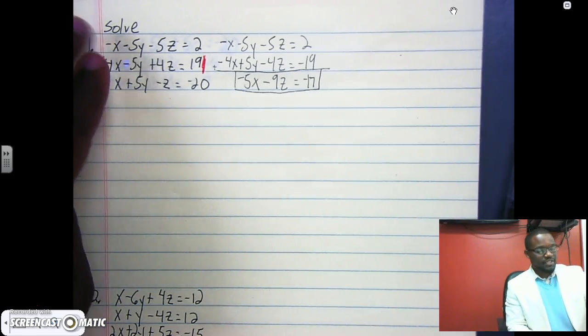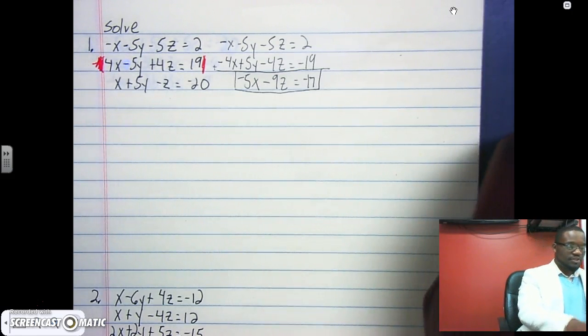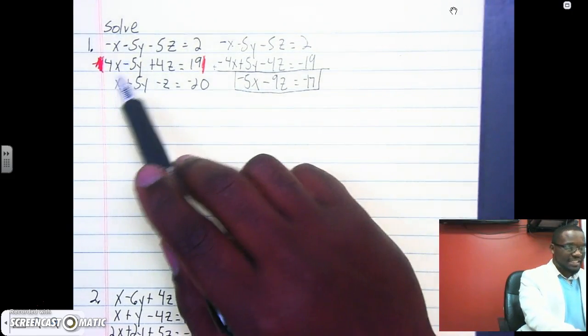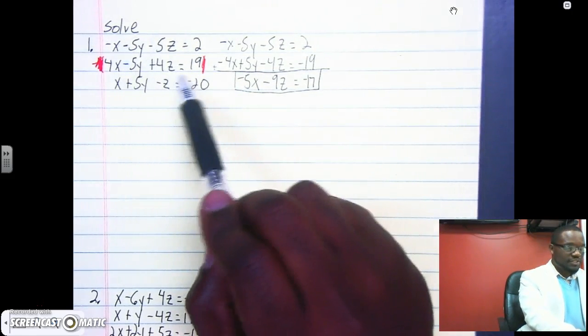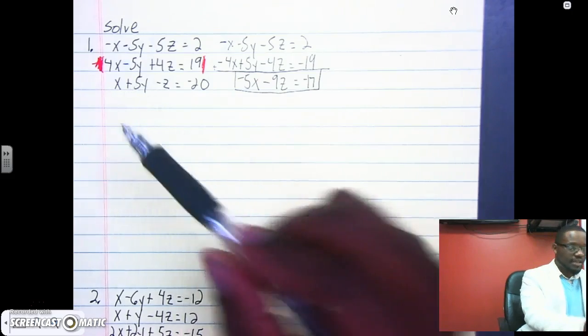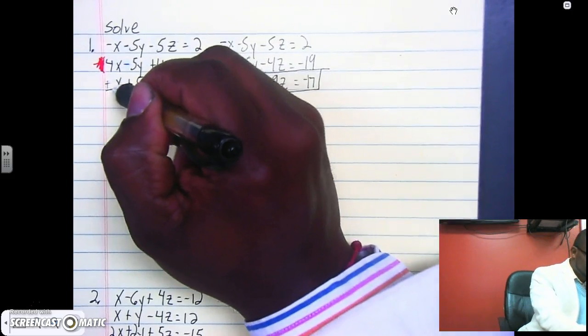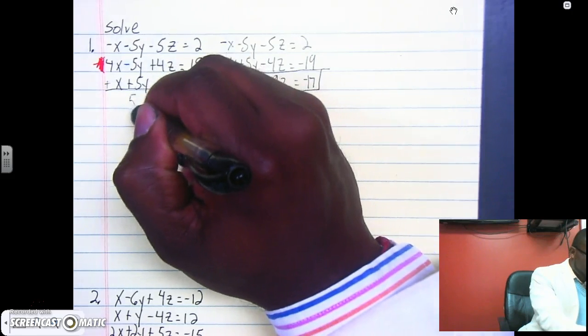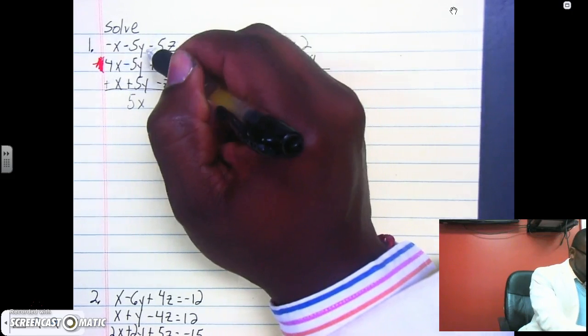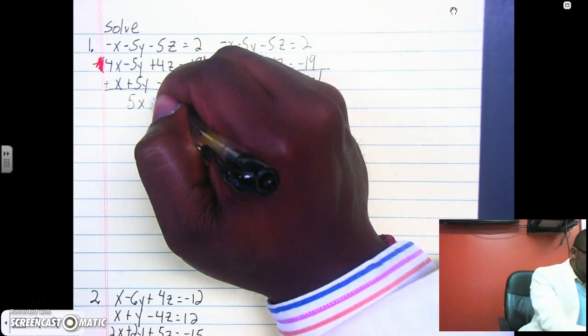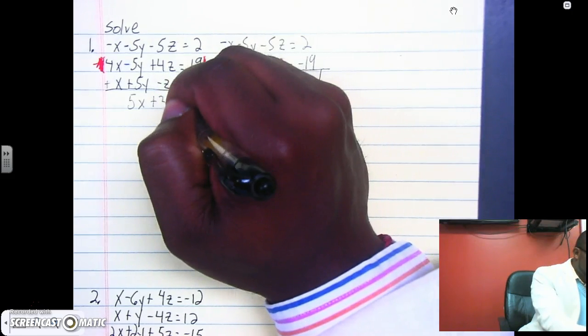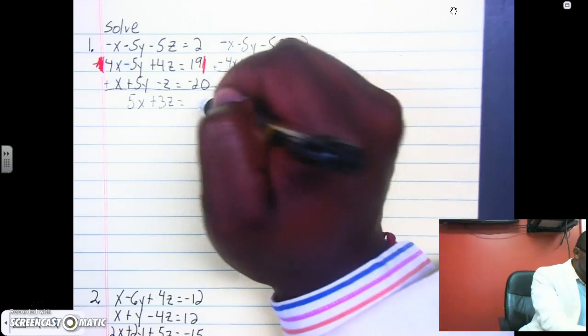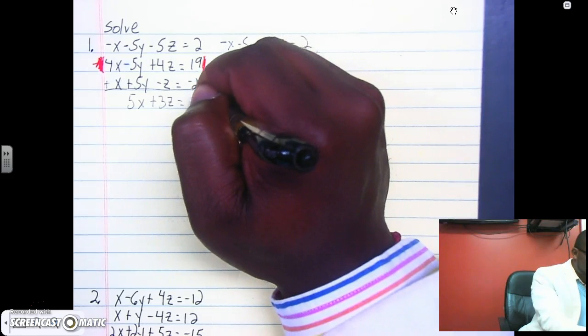Don't use the same 2 equations. So if I were to eliminate my y's here, notice that I don't have to do anything to these 2 equations. The y's are already ready. So I combine each equation. I get 5x. Those go away to 0, and I have plus 3z equals negative 1.